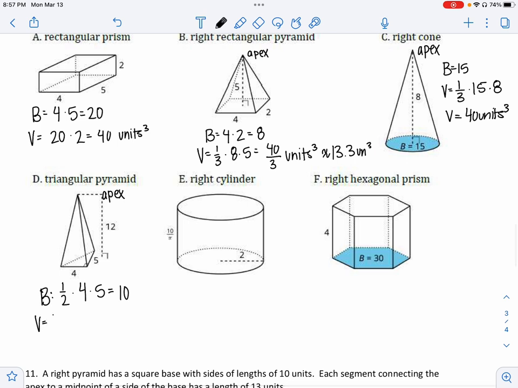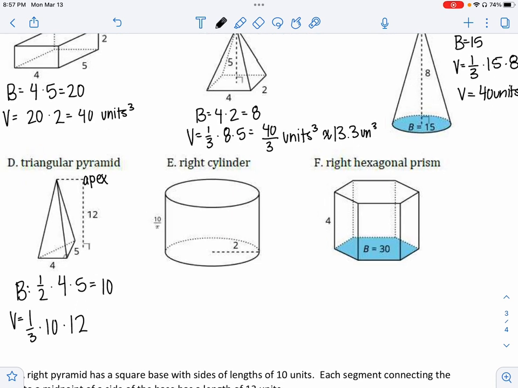So the volume is going to be equal to 1/3 times 10 times the height, which is at a right angle of 12, and that is going to equal 60 units cubed. Oh, wait, hold on. 40 units cubed. Made a mess up there.